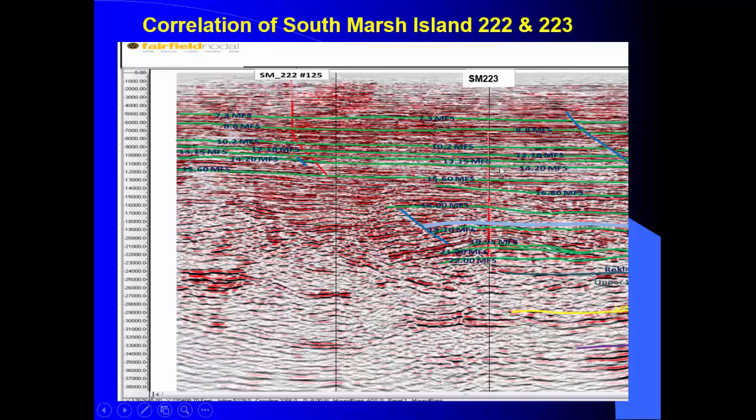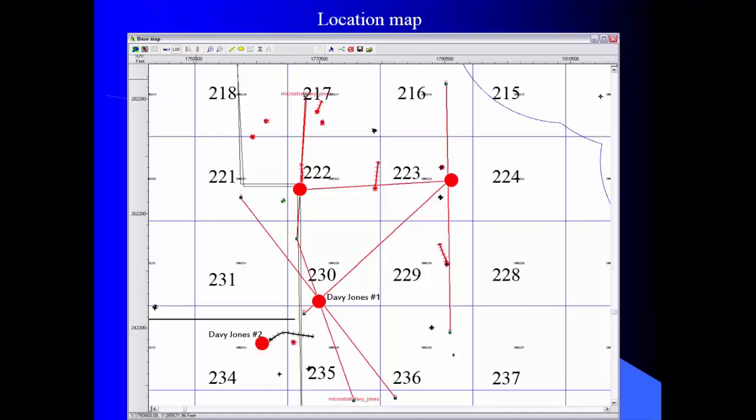The upper ones in the 222 were correlated to the 223, and then we'll move down to the Davy Jones. Here's the Davy Jones number 1 and number 2, blocks 230 and 234.